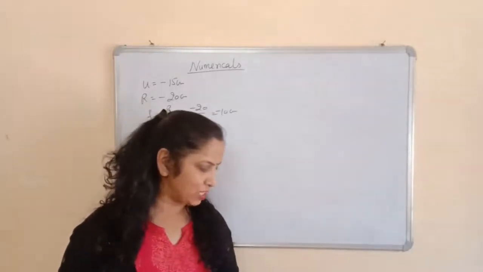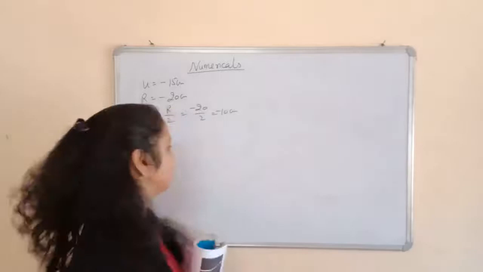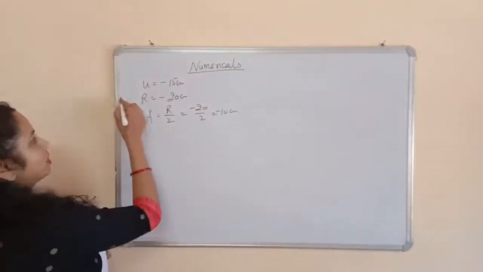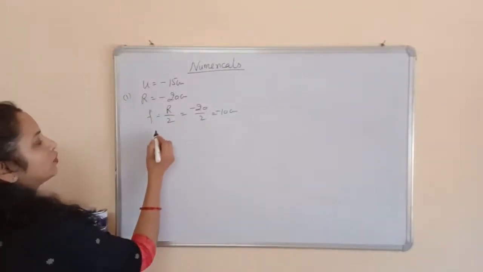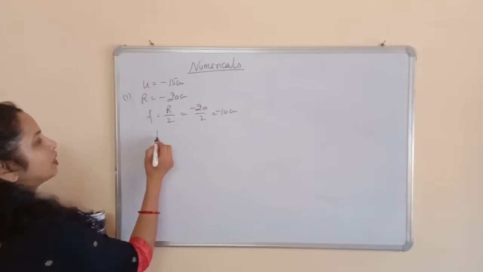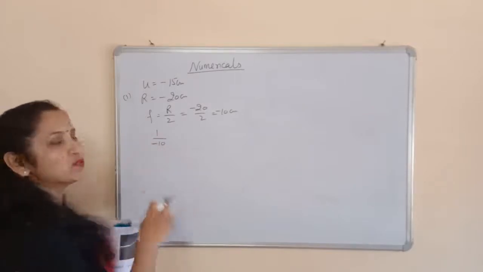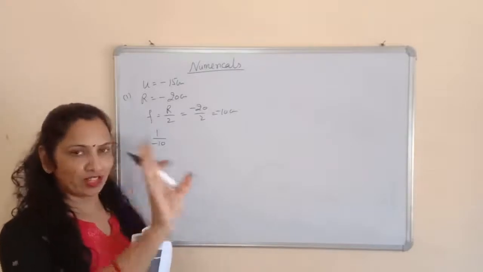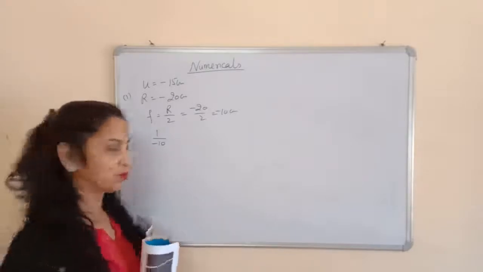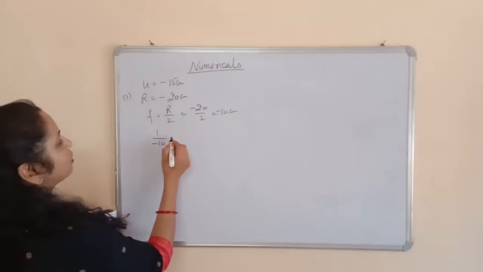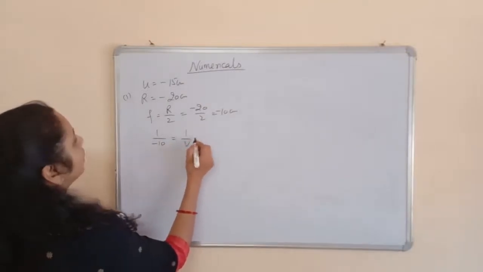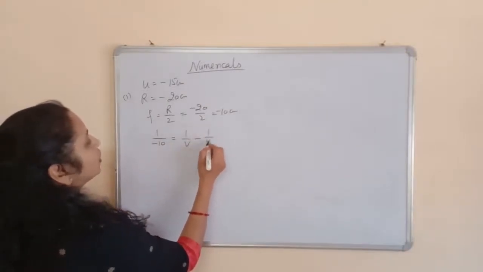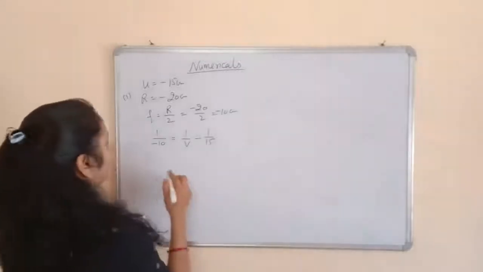Calculate the image position and magnification in each case. This is the first case. You have to find the V. I am applying the mirror's formula. Again, in every question you have to write the mirror's formula. That is 1 upon f is equal to 1 upon V plus 1 upon U. So 1 upon f is equal to 1 upon V, we have to find, plus 1 upon U. I put the values in the formula.